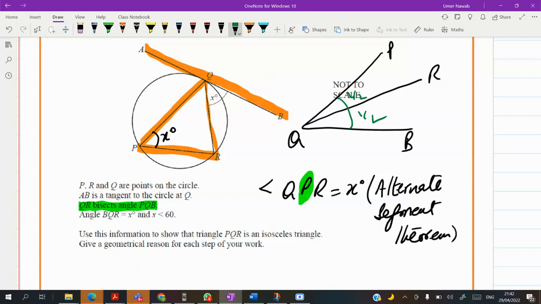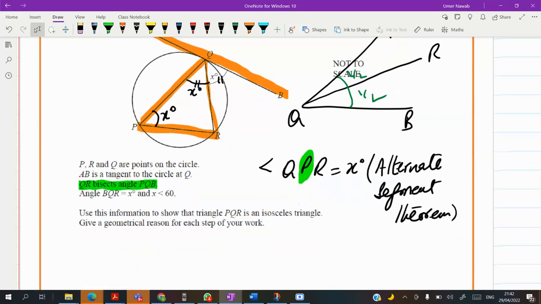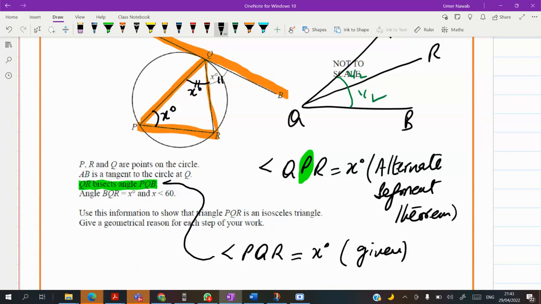So this is half and this is half. So this angle and this angle, they are the same. If this is x, then that is also x. So since he says that QR is the bisector, angle PQR, keeping Q in the center, is the same as x. The reason is it is given in the question. You can mention it here. This is given.